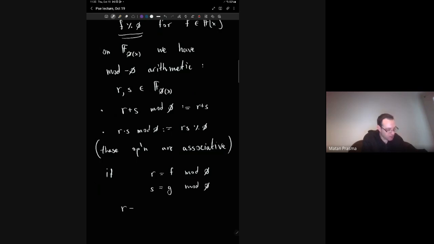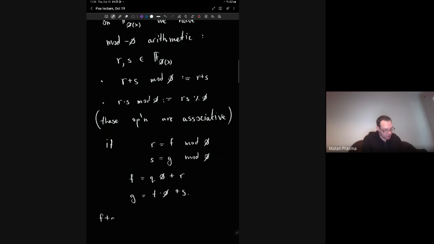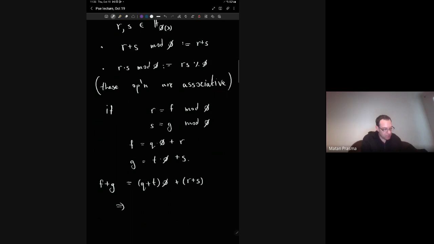Then you can write F as quotient times phi plus R, and you can write G as, let's say, T times phi plus S. But then F plus G is going to be equal to (Q plus T) phi plus R plus S. So you see that F plus G modulo phi is equal to R plus S.